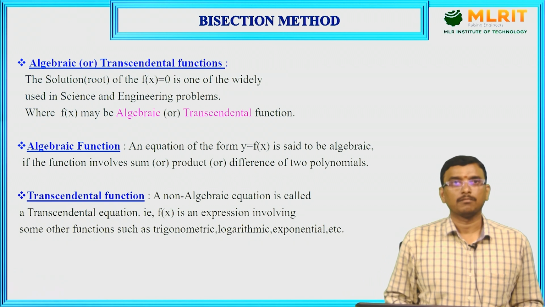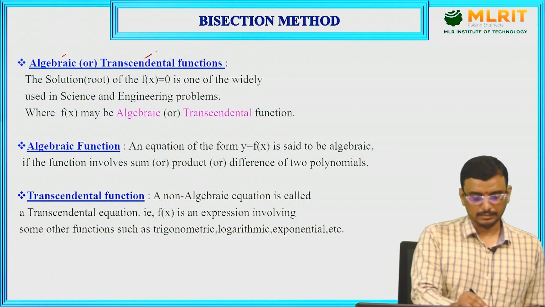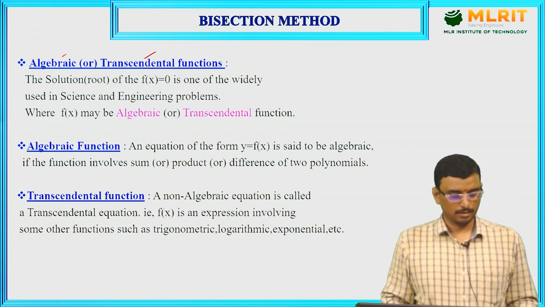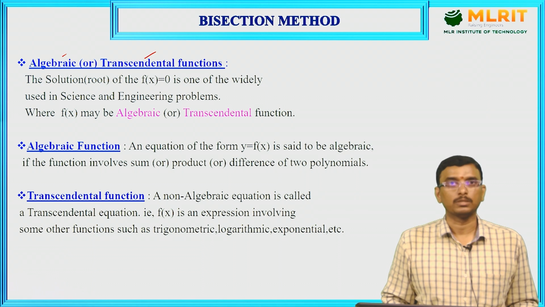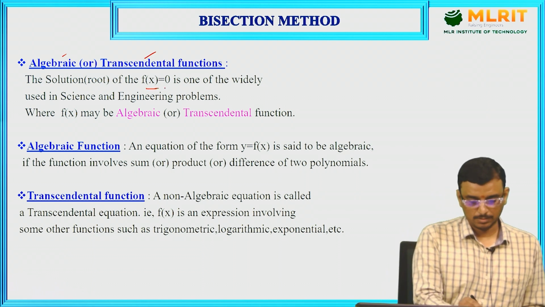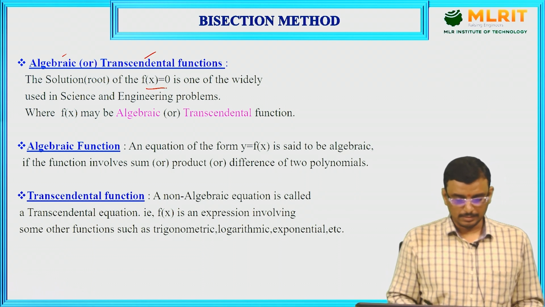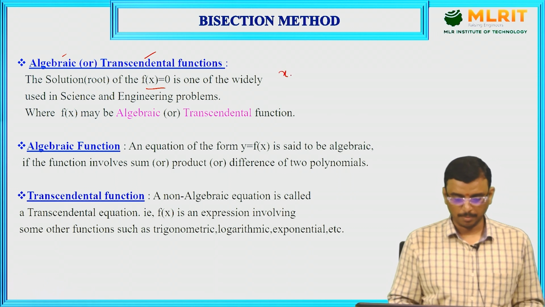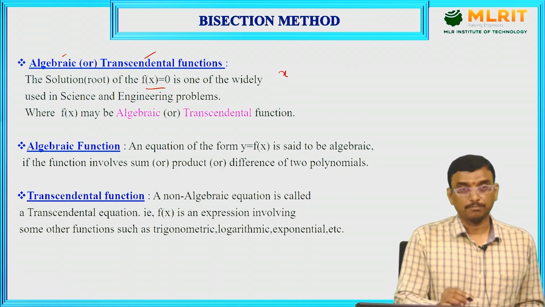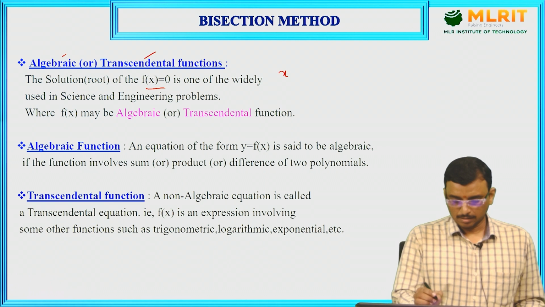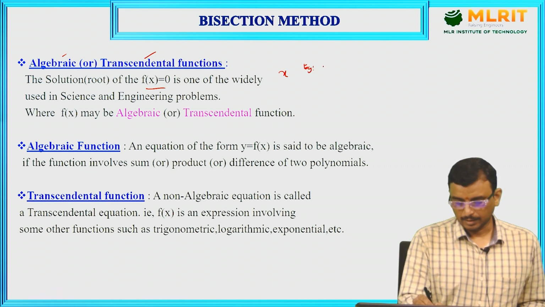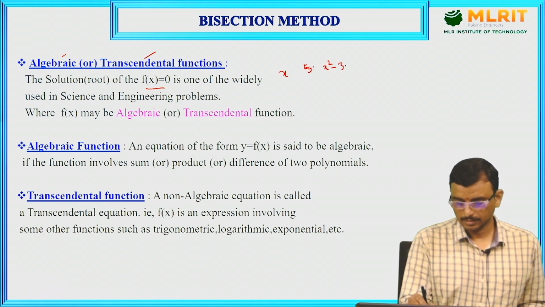So, first of all we have to discuss algebraic and transcendental functions. The solution or root of f of x is equal to 0 means our target is to find the value of x for which f of x is equal to 0. For example, x square minus 3x plus 2 is equal to 0.